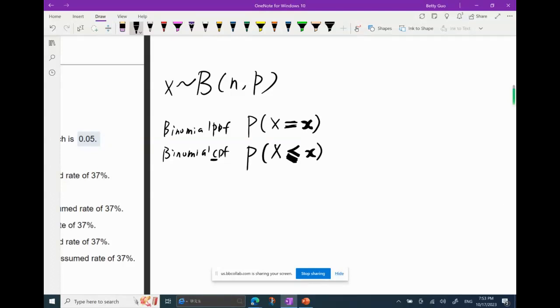You are accumulating from 0, 1, 2, 3, 4, all the way to X. So when you're looking for that, you use CDF.